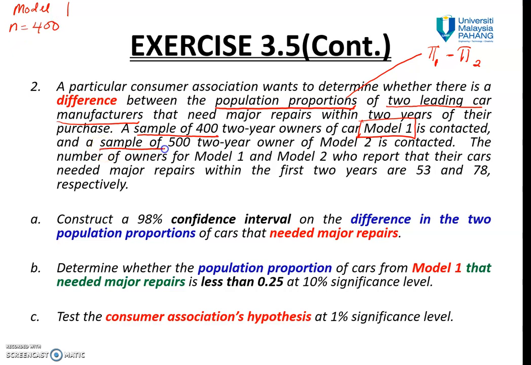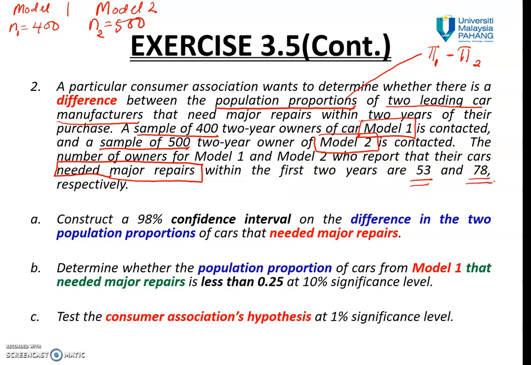And a sample of 500 2-year owners of model 2. So you have another population, model 2, and the sample size is 500. Maybe you can put here n, sample model 1 and sample model 2. The number of owners of model 1 and model 2 who report that their car needed major repairs within the first 2 years are 53 and 78.